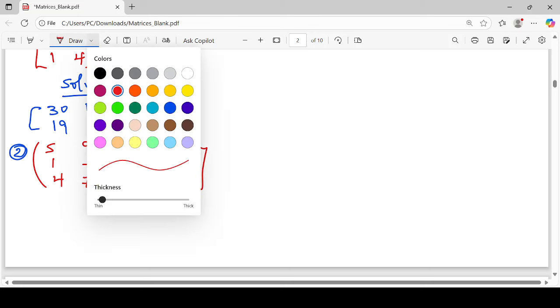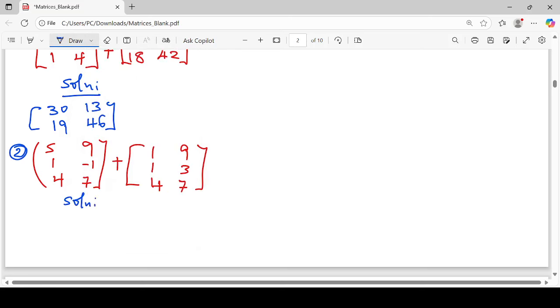Remember, we've said that when you are adding your matrices, you add elements in the same position. So 5 plus 1, that's a 6. 1 plus 1, that will be a 2. 4 plus 4, that will be an 8. Then 9 plus 9 will give you 18. Negative 1 plus 3, that's going to give you positive 2.